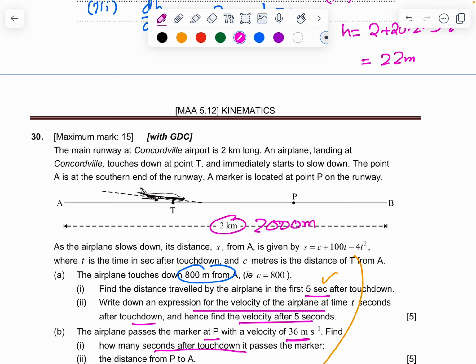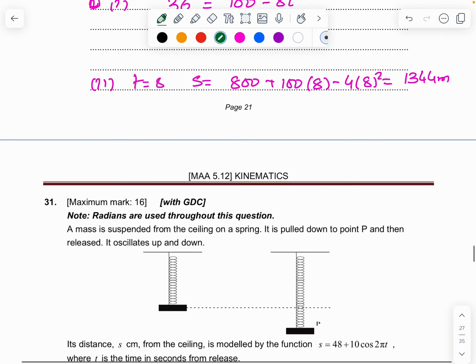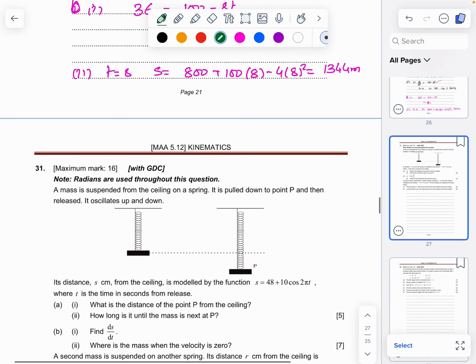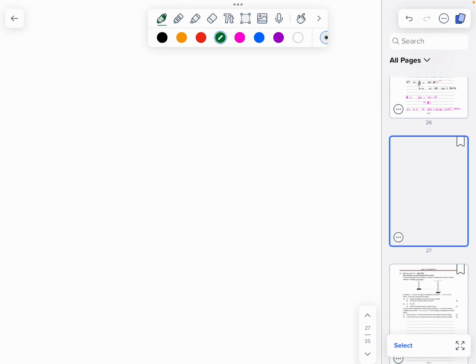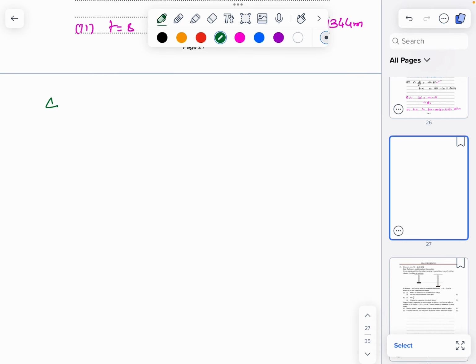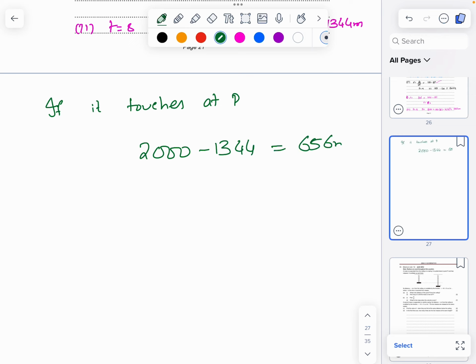So in order to stop at P, we know it has to travel a distance of 1344. If it touches at P, then 2000 minus 1344 is left over for it, which is 656 meters to stop. It has to stop in this much distance before reaching B.